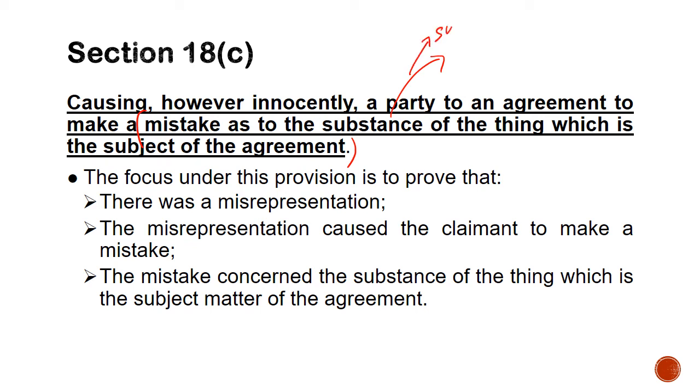Number one, of course, the subject matter of the contract, whether it is goods, whether it is services, whether it's a thing, an intangible, or it could be conditions of the contract, how these conditions apply or don't apply. So if it is shown that the statement causes one to make a mistake as to substance, then you can claim under 18C.